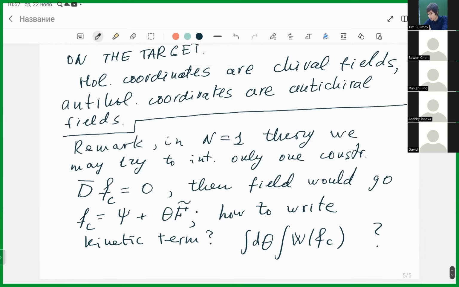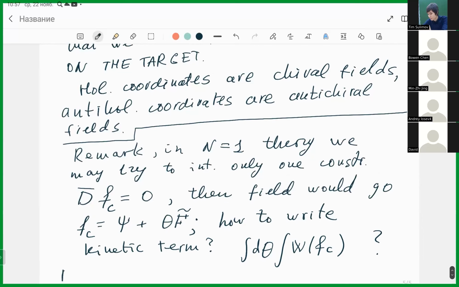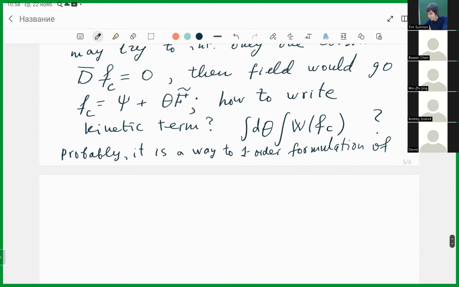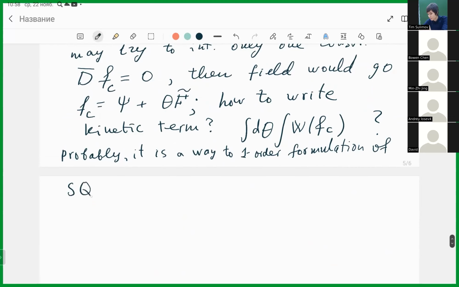So probably it is a way to first order formulation of supersymmetric quantum mechanics.